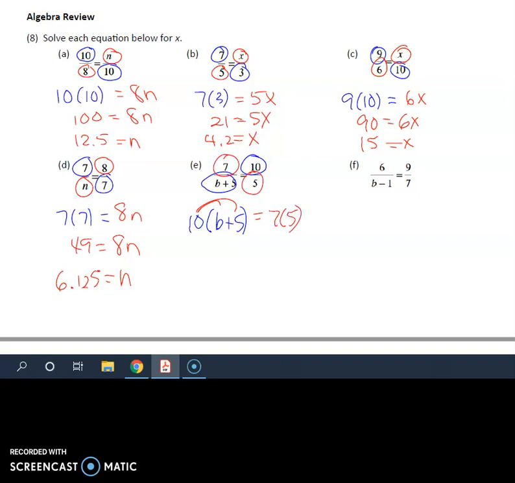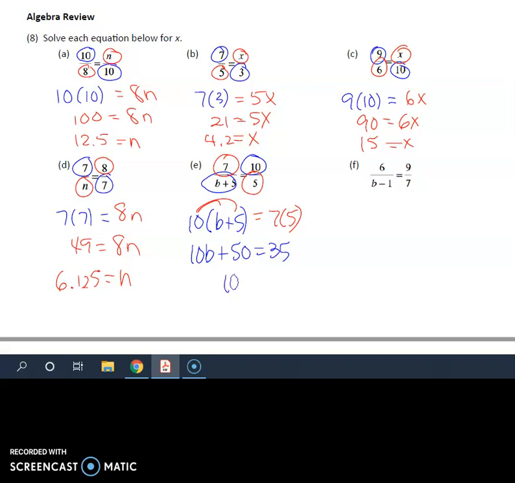So if I complete the left side, 10 times the B is 10B, and 10 times the 5 is 50, and the right side is 35. If you go ahead and finish off this problem, and then complete the very similar steps for problem F. Turn the video back on when you're ready to continue.